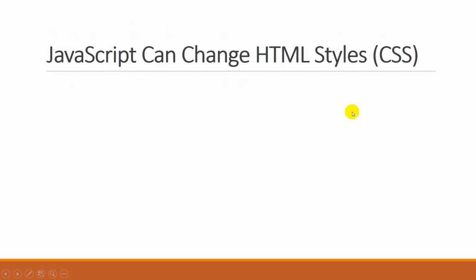The next one, JavaScript can also change CSS, or the styles that you apply to your HTML elements. As I told you before, CSS is used when you want to add styles to your elements. So using JavaScript, you can change these styles. As an example, here again, we are using the document object, the getElementById.